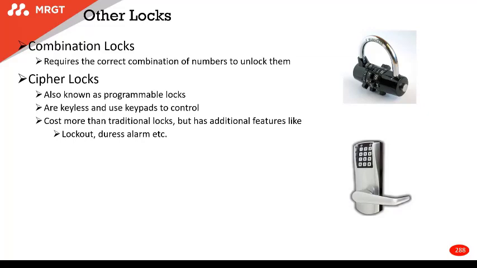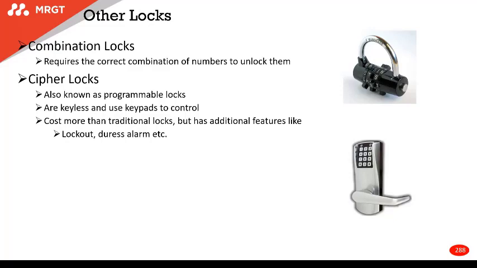Cipher locks can be found at places like maybe five-star or seven-star hotels. Some secure rooms have these kinds of cipher locks as well, which can be used to secure certain areas. These locks have different kinds of capabilities that I haven't mentioned.